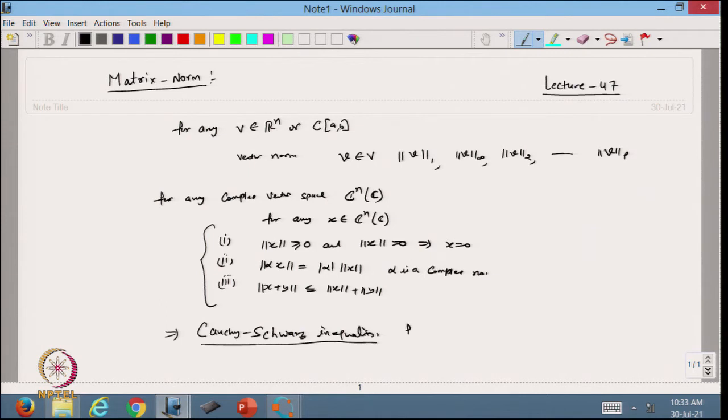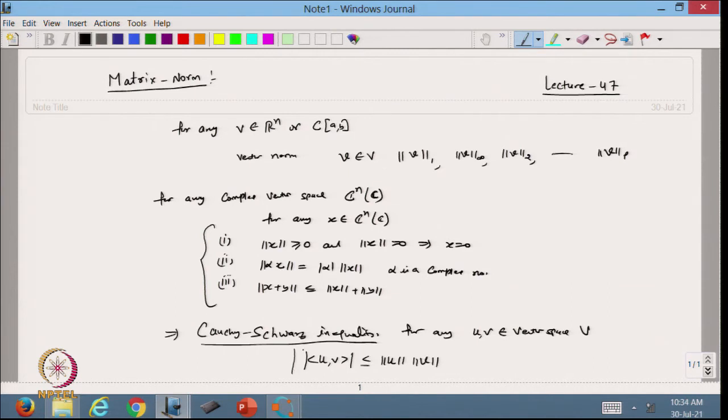So in this case, for any u and v that belong to a vector space V, we can generalize this: taking the inner product of u and v, its magnitude is less than or equal to the norm of u times the norm of v.